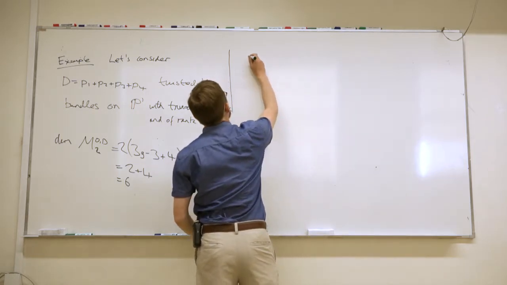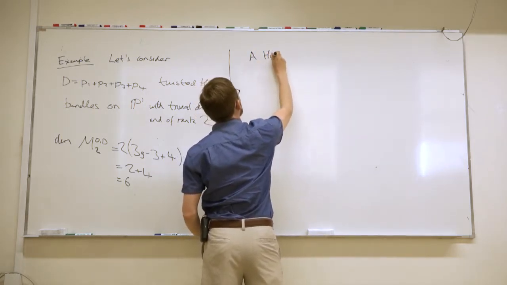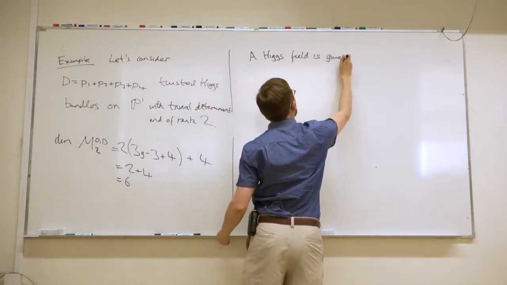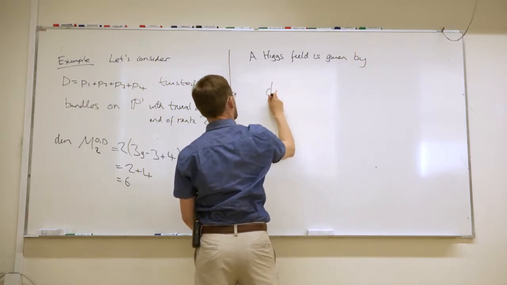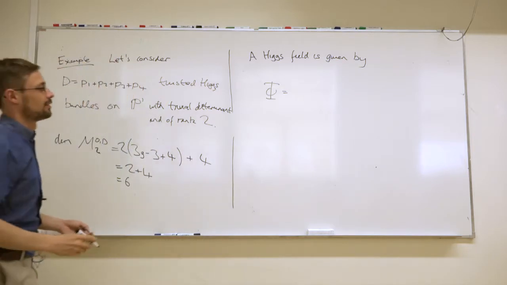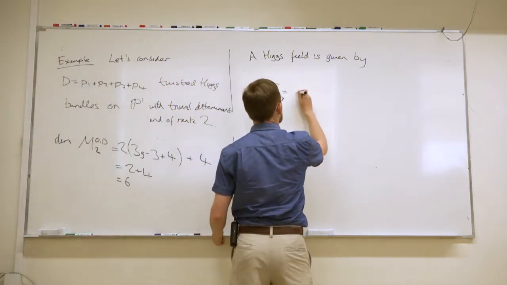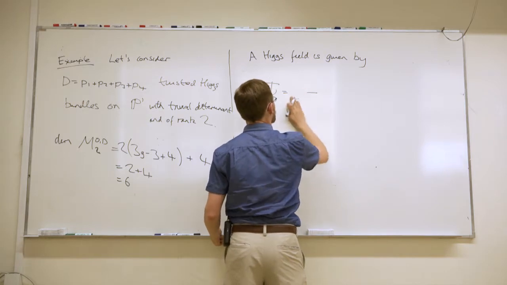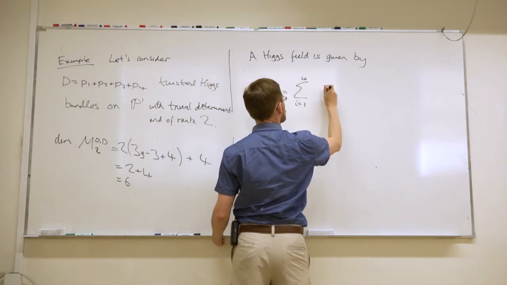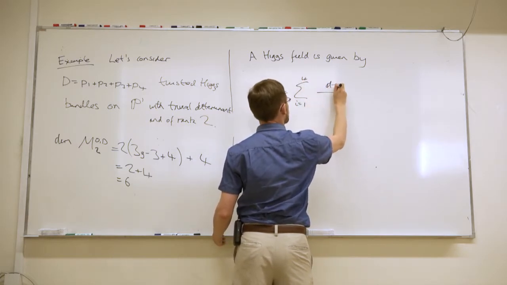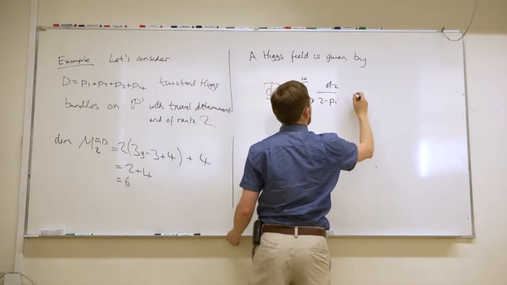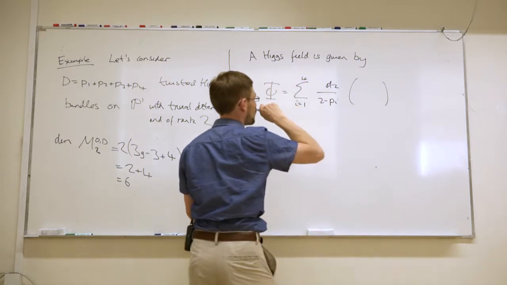So a Higgs field is given by, I'm allowed a pole at each of these 4 points, and then I have some matrix.